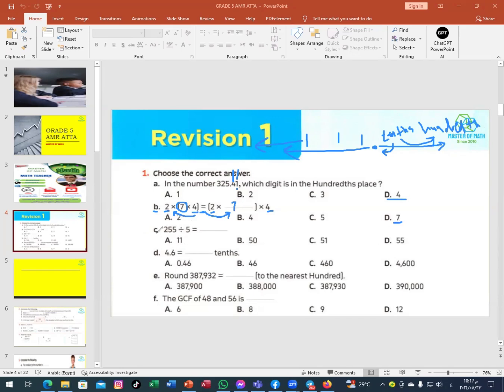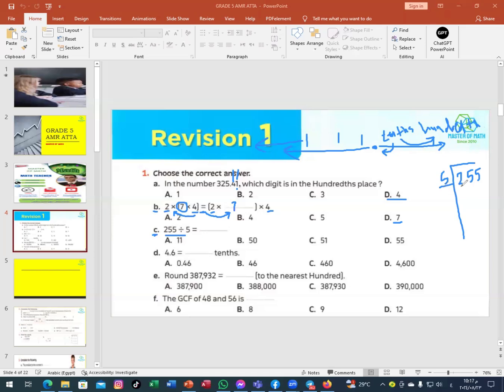Division problem number C, 255 divided by 5. We can divide it as a long division or as it is. Let's start with long division. 255 divided by 5. I divide 2 by 5, but it's impossible.